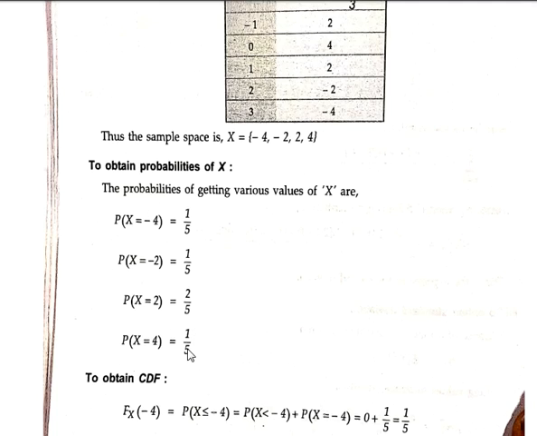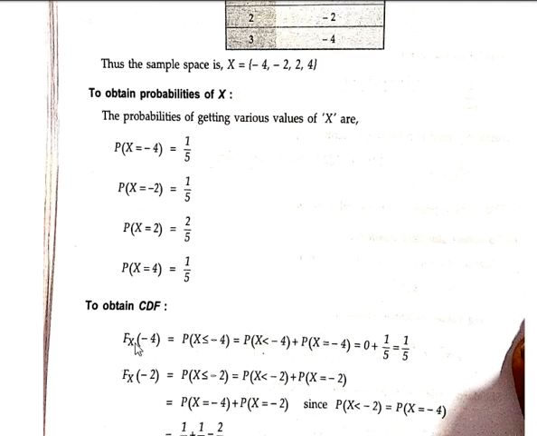Then let's find the CDF. F of x at -4 is equal to P of X less than or equal to -4. It is found as P of X less than -4 plus P of X equal to -4.